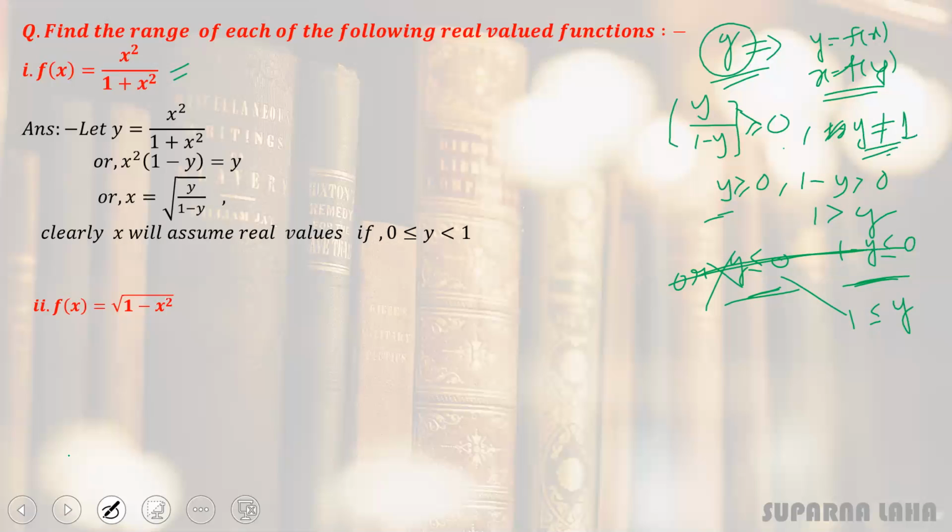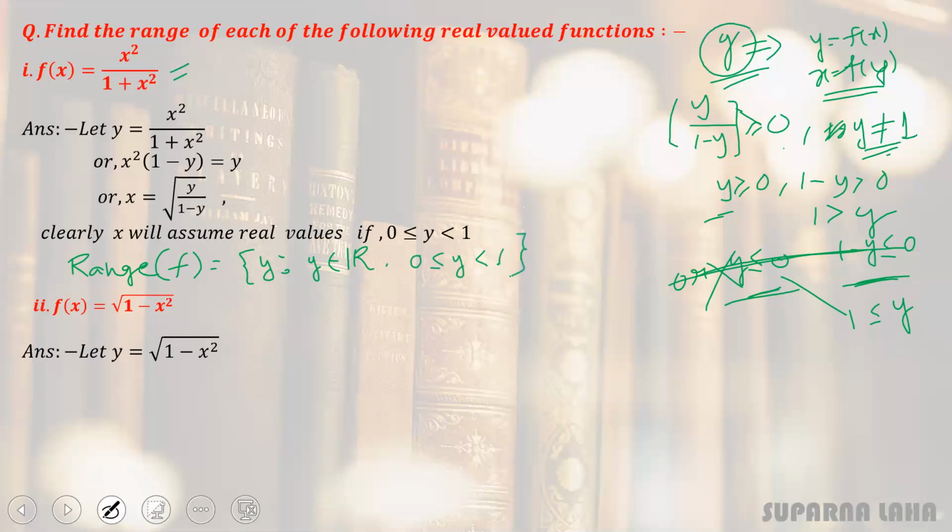So if we write down this range, it will look like that. The range of the function f is equal to y such that y belongs to the set of real numbers where 0 is less than or equal to y less than 1. This is the range of the function.